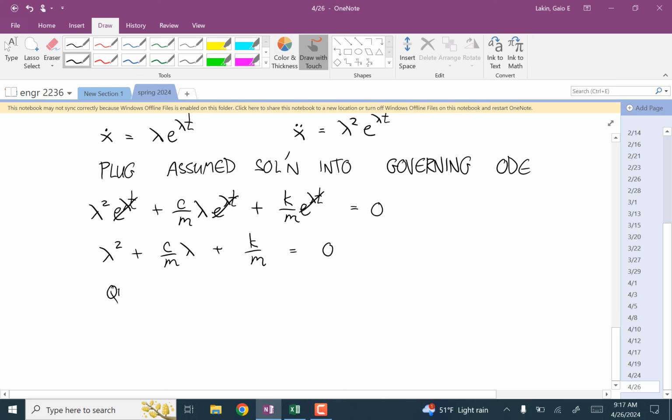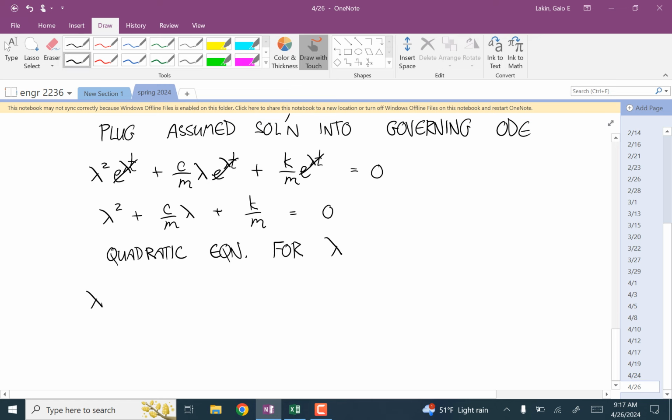And so we're going to use the quadratic equation to find lambda. And we get that lambda is equal to negative c over m divided by 2 times a, a is 1, plus or minus the square root of b squared minus 4 times 1 times k over m.